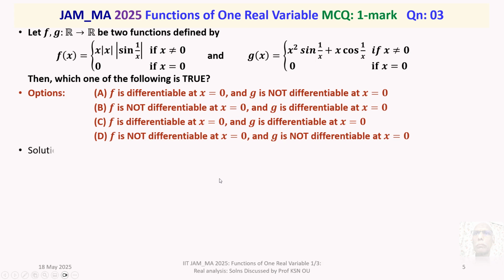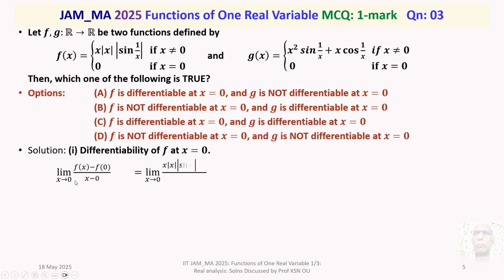Let's now discuss the solution of the problem in detail. So we first discuss differentiability of f at x is equal to 0. To show the differentiability of f at x is equal to 0, we take the limit as x tends to 0 of f of x minus f of 0 by x minus 0. And if this limit exists, then f is derivable at x is equal to 0.